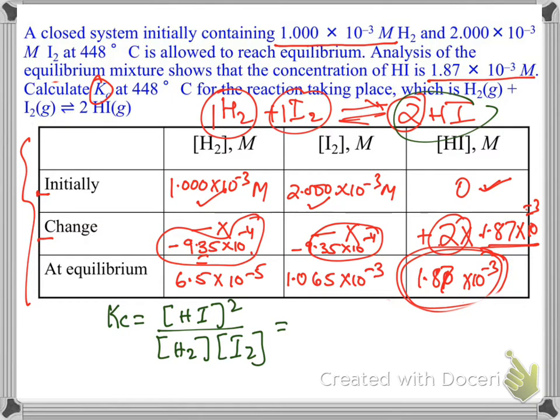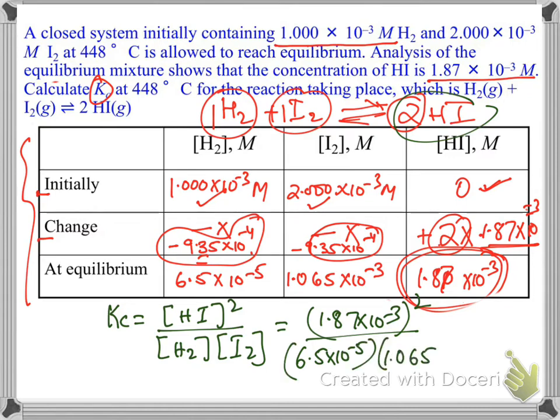And then I'm going to plug in these values. HI is 1.87 times 10 to the negative third raised to the power 2, over 6.5 times 10 to the negative fifth times 1.065 times 10 to the negative third. And if you solve it, it should come out to 51.